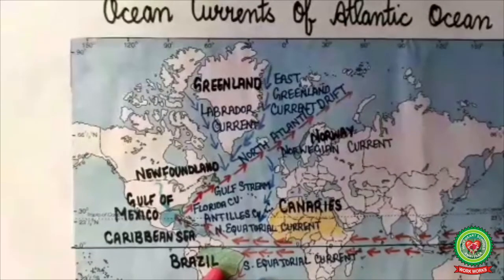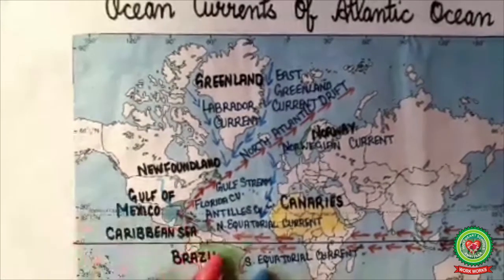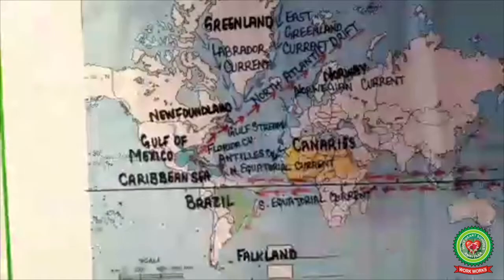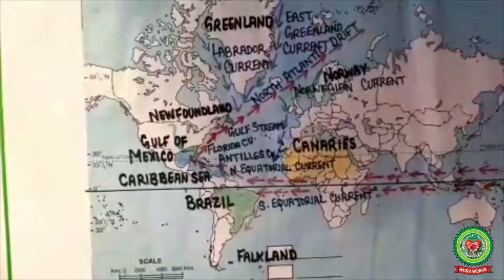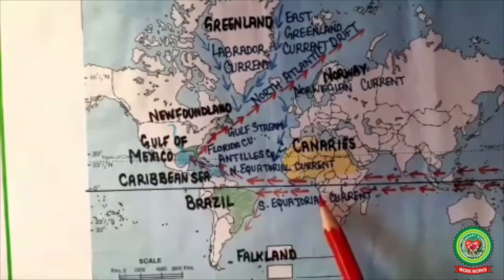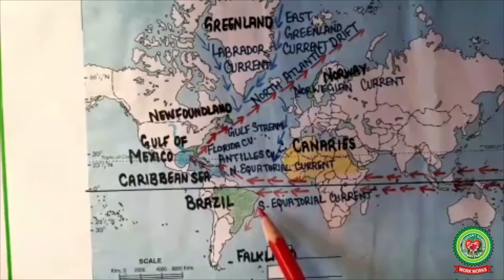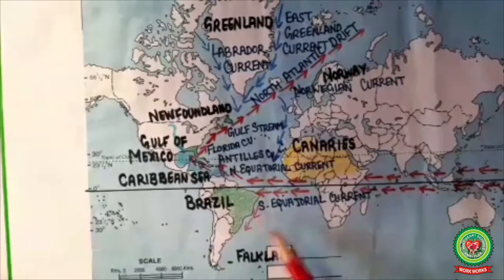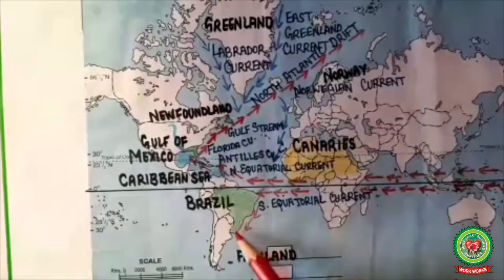So children, we have discussed the ocean currents of the North Atlantic Ocean. Now we will discuss the ocean currents of the South Atlantic Ocean. The first ocean current of the South Atlantic Ocean is the South Equatorial Current. The South Equatorial Current strikes Brazil and moves towards the south along the coast of Brazil.